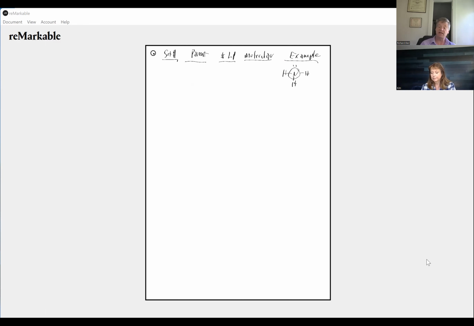Again, we're still on set number 4, and if it's set number 4, the parent shape never changes. So it's still tetrahedral. But this time we have a lone pair of electrons.